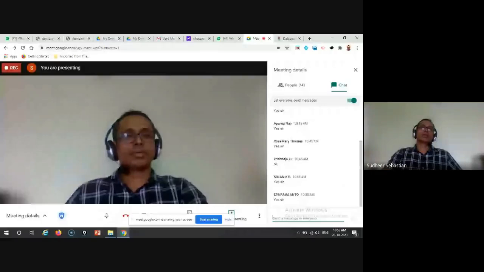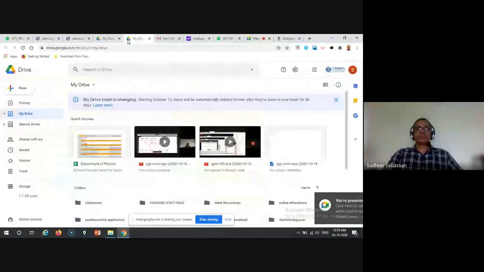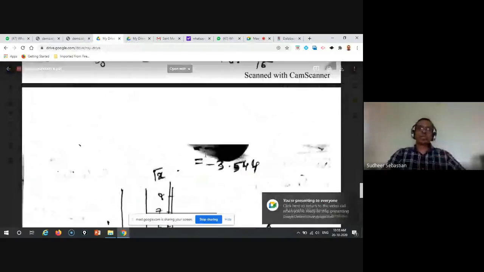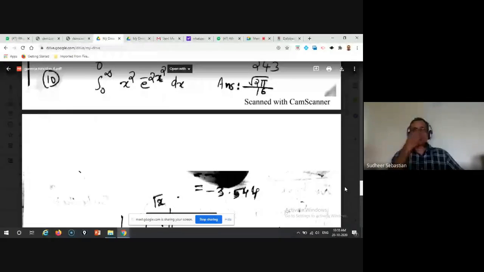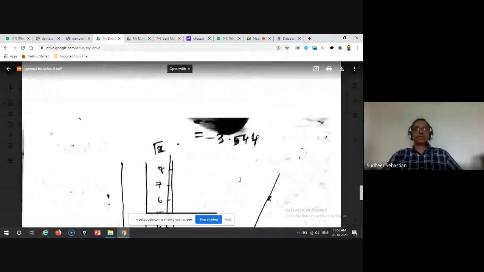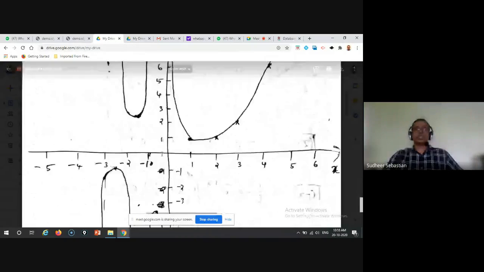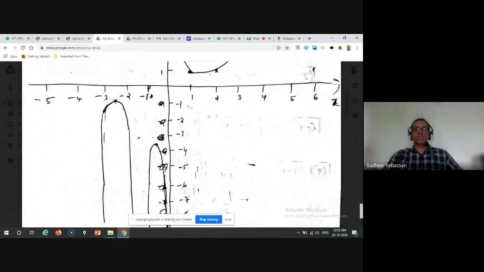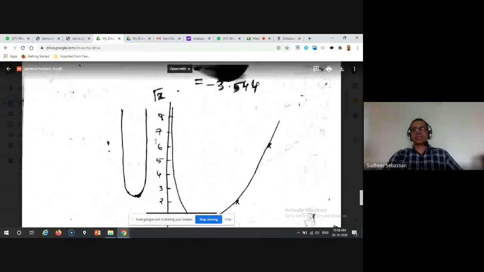So you attempt all this, and see other mathematical physics textbooks that you can refer to, online, and try to do the problems related to the gamma function.